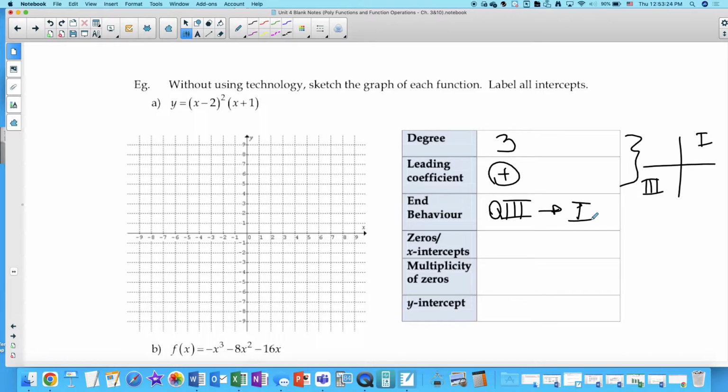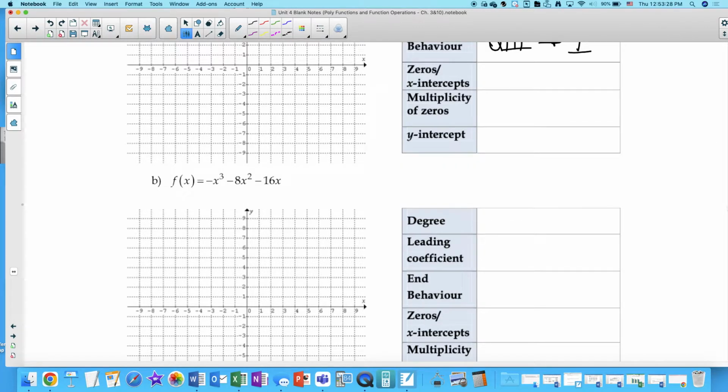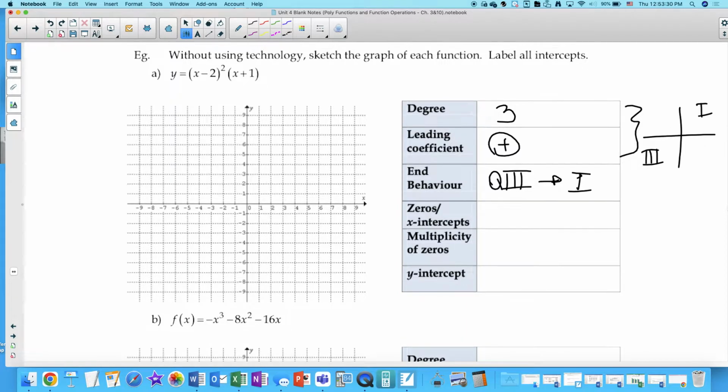Okay, another thing that I want to look at is what are the zeros and what are their multiplicities, because I want to make sure that if there's a multiplicity of 2 or 3 or whatever, that I draw that appropriately. Okay, so looks like one of the zeros is at 2, and one is at -1.